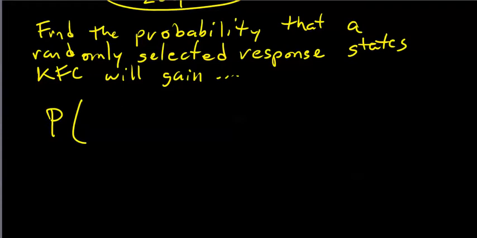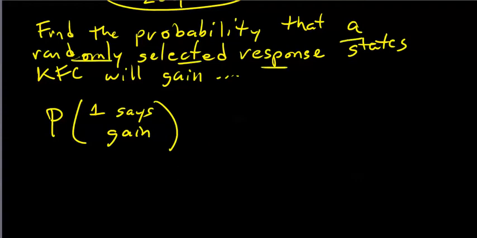I don't like to be too terribly formal about it, so I'm going to write it out in words here. The probability that 1 says a gain, if we randomly selected 1, right? A randomly selected response, that means 1.